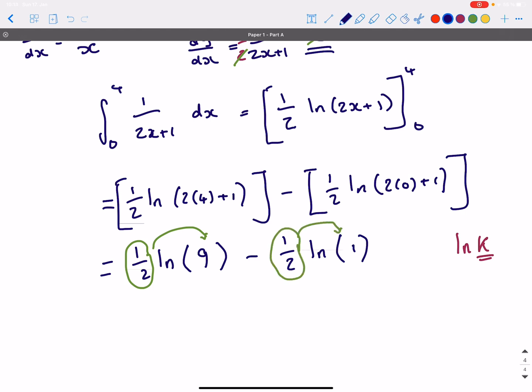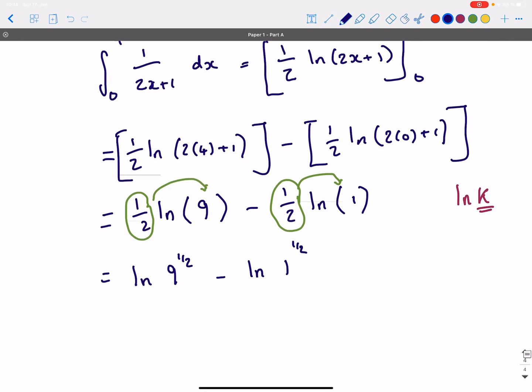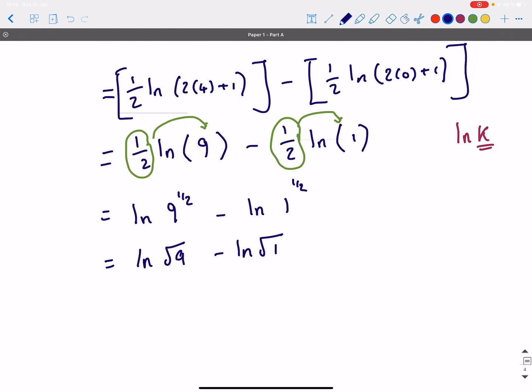So I'm just going to rewrite it like that first. So I have natural log of 9 to the power of a half minus natural log of 1 to the power of a half. The power of a half is the same as square rooting. So I've got natural log of the square root of 9 minus natural log of the square root of 1. The square root of 9 is 3 minus the square root of 1, which is 1.